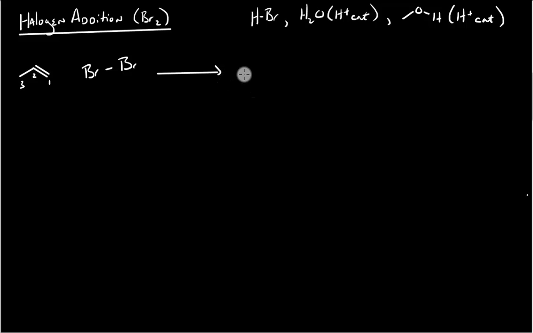The final product for this kind of reaction is that we're converting our alkene to an alkane, and what we're going to have on the alkane is 2 new substituents. This is carbon 1, carbon 2, and carbon 3.